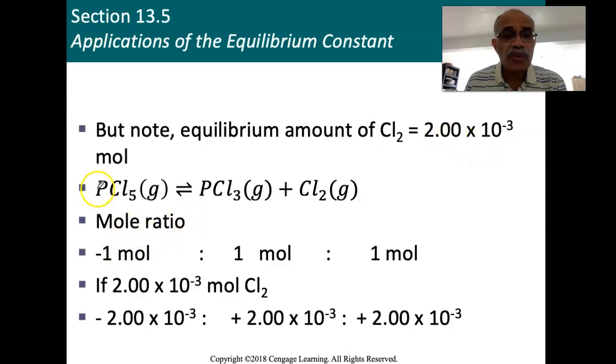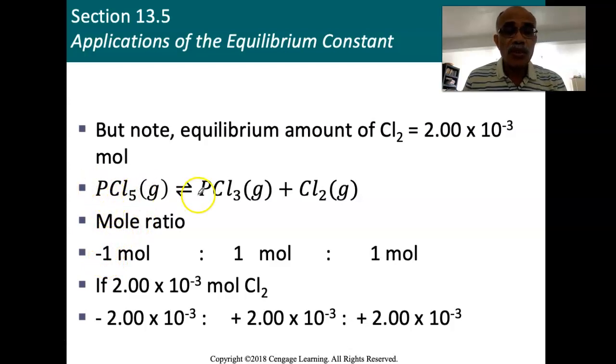So we are going to use the mole ratio. That is, if you have a certain amount of the reactant consumed, it'll form a proportionate amount of these products, as we've learned from stoichiometry. An example is stated here.